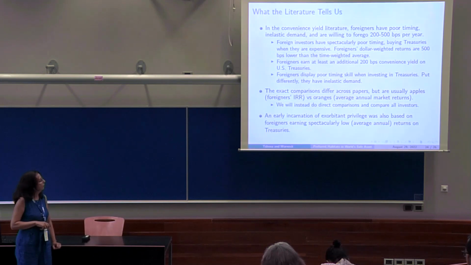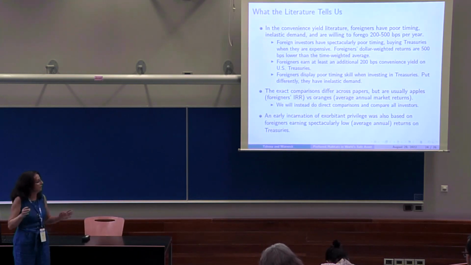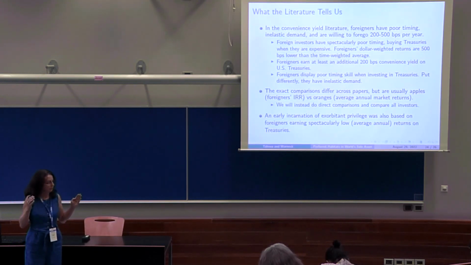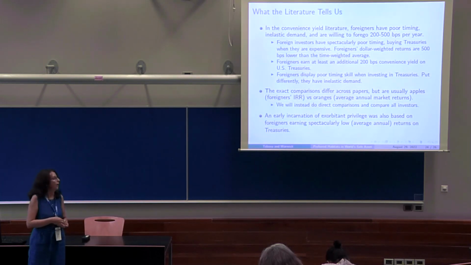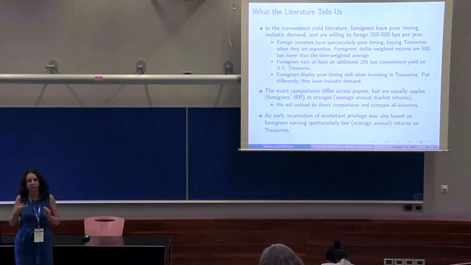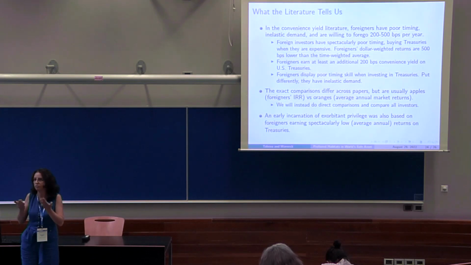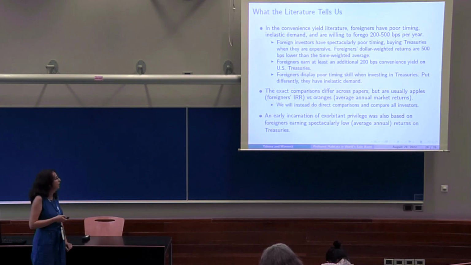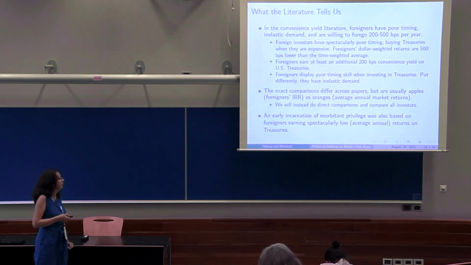Now, another problem has been that the measures of performance have not been consistent, because data are not available for all investors. Usually foreigners' IRRs are compared with market average returns. These are not direct comparisons.